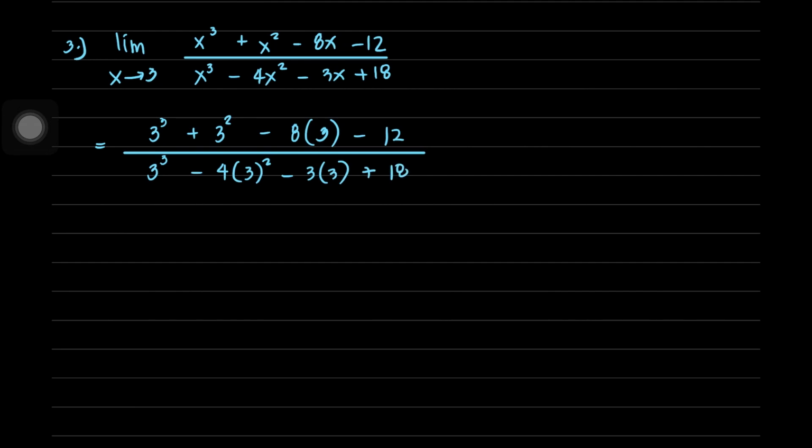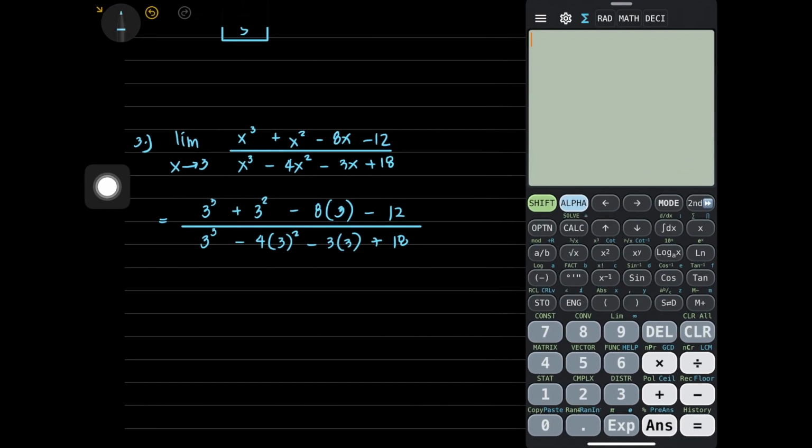Now, you can always use your calculator to evaluate this one. So if you're going to bring out your calculators, we have 3 raised to 3 plus 3 squared minus 8 times 3 minus 12 all over 3 raised to 3 minus 4 times 3 squared minus 3 times 3 plus 18.